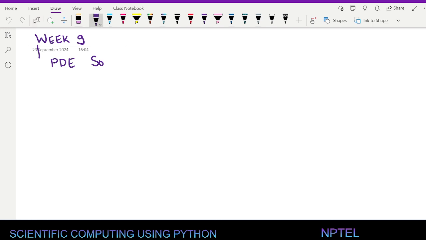So this week was again PDE solvers, but the method that we used was finite difference.